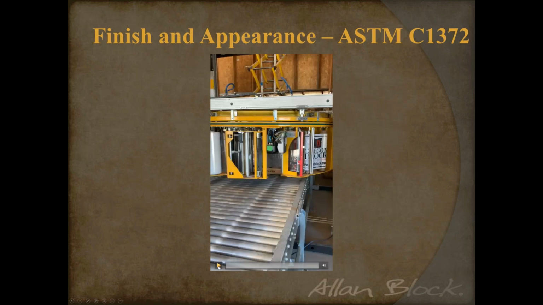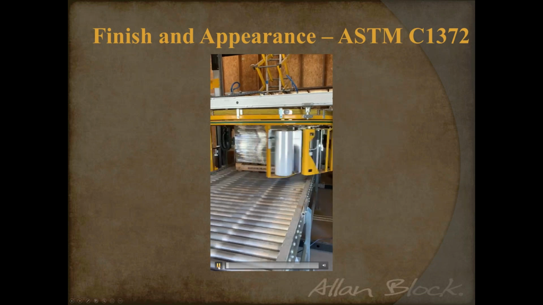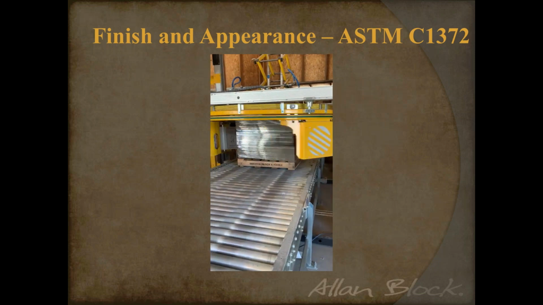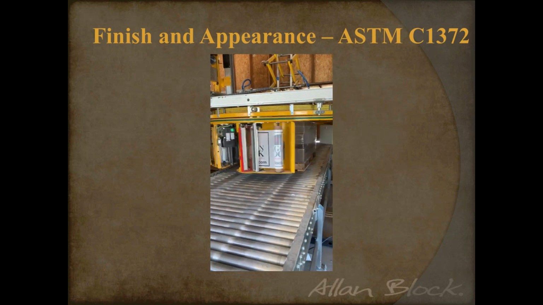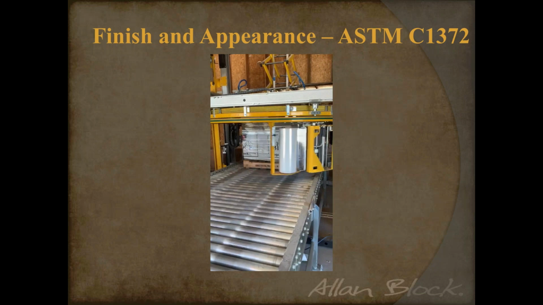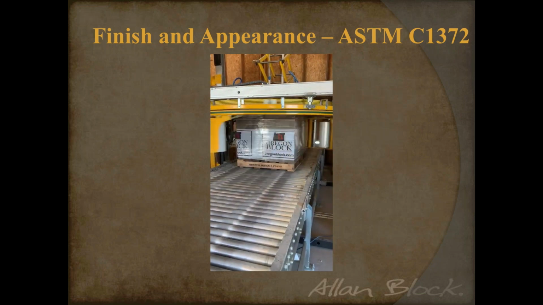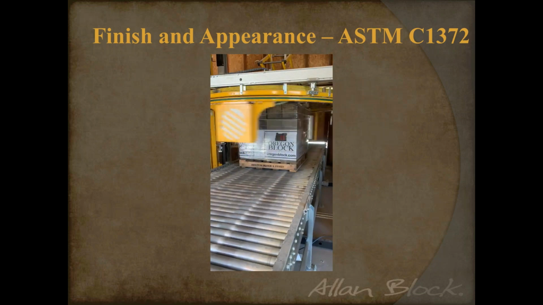So this video shows the shrink wrap machine. So the pallet of block is being wrapped with cellophane, and in this particular case, the new version of the shrink wrap machine actually puts a little strip of advertising on for our producer in Oregon.